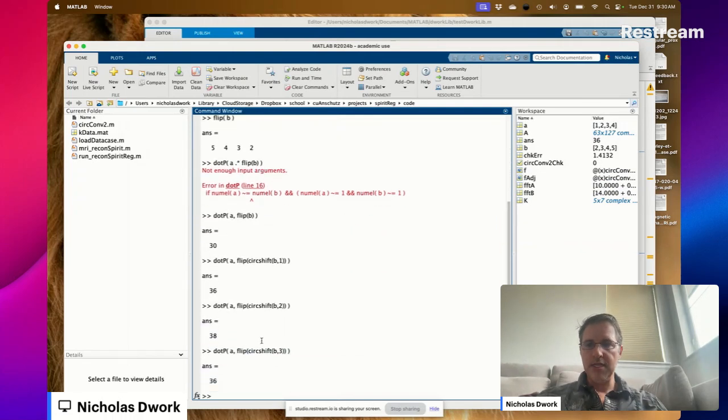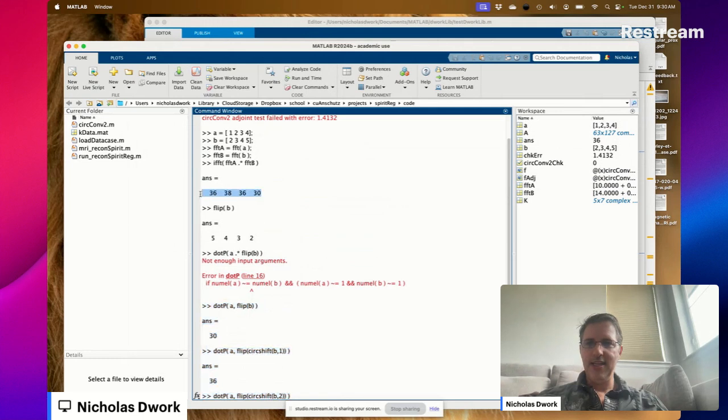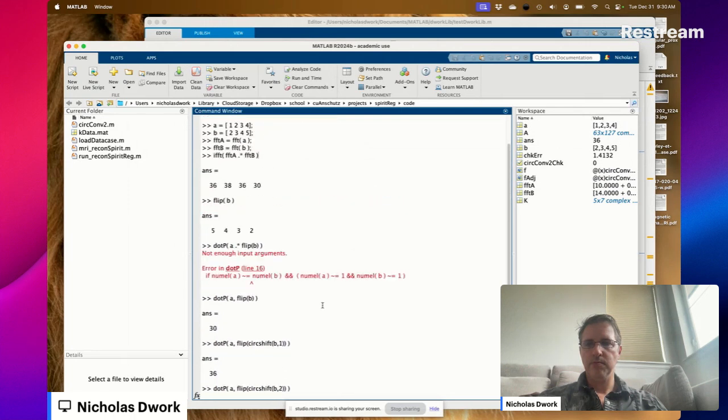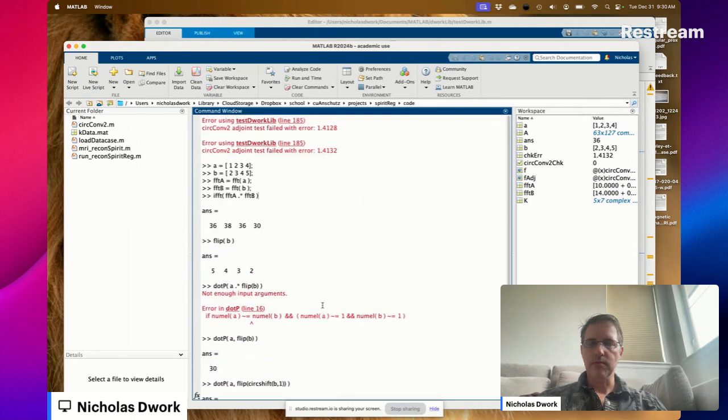So the numbers that I'm getting out by doing the convolution by hand are actually the numbers that I'm getting out by doing the convolution with the FFTs. That's promising. So the next question is that element correct?